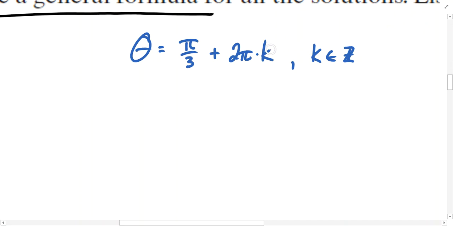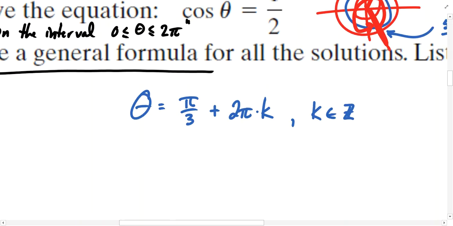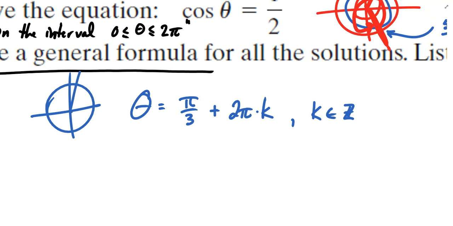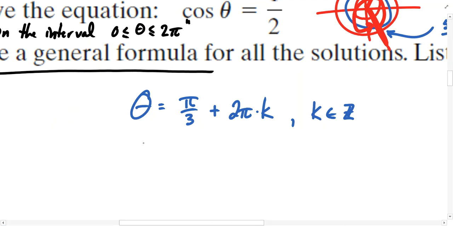As long as I pick a number from that list and place that in place of k here, then 2 pi, which is a full rotation, times this integer value plus this original position, pi over 3, would represent an angle measure in this position on the unit circle. So that k value, again, is indicating the number of rotations beyond or prior to that position in the unit circle.